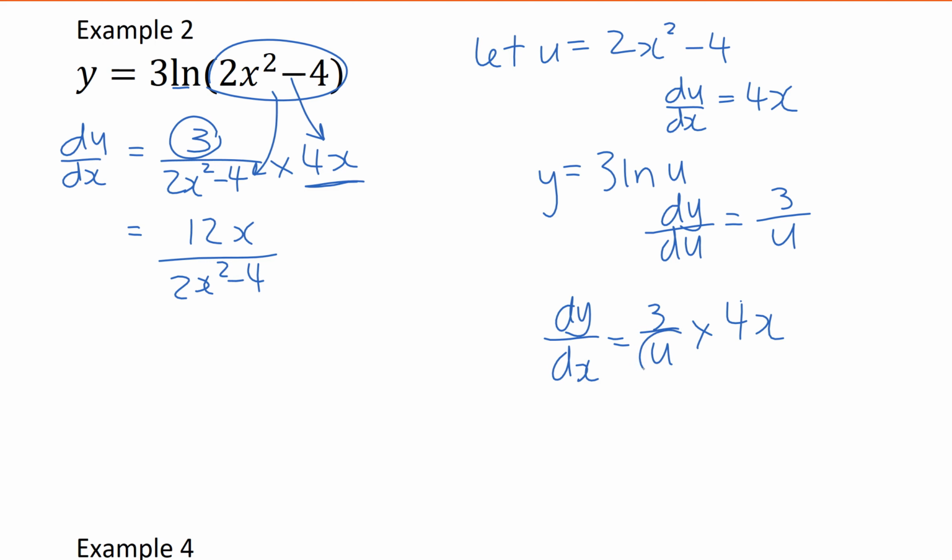But we're going to write that down in terms of x's rather than u. So that's just going to be 3 over 2x squared minus 4 times 4x. 3 times the 4 gives you the 12x, which is what we have over here. Happy with that? Starting to get the hang of that? Bit more practice, we'll get there.